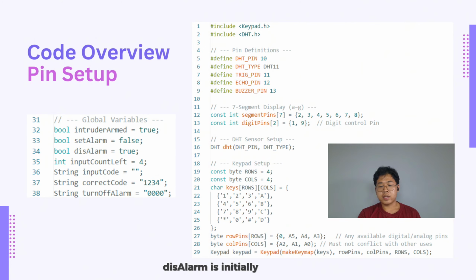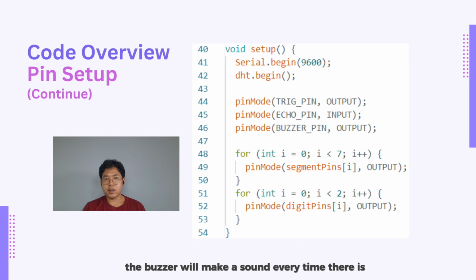This alarm is initially set to true. We use this one to disable the alarm that detects any objects or motions in front of the ultrasonic. If we turn off this one, the buzzer will make a sound every time there is an object or motion.